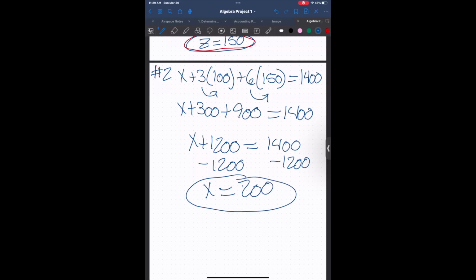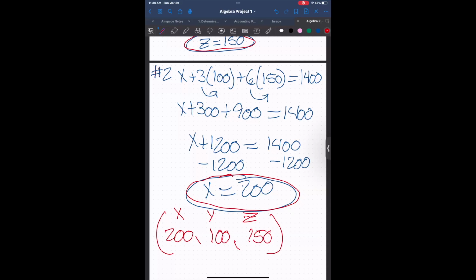We've got to keep continuity here. We have x, y, and z. So 200 is x, y is 100, and z is 150.